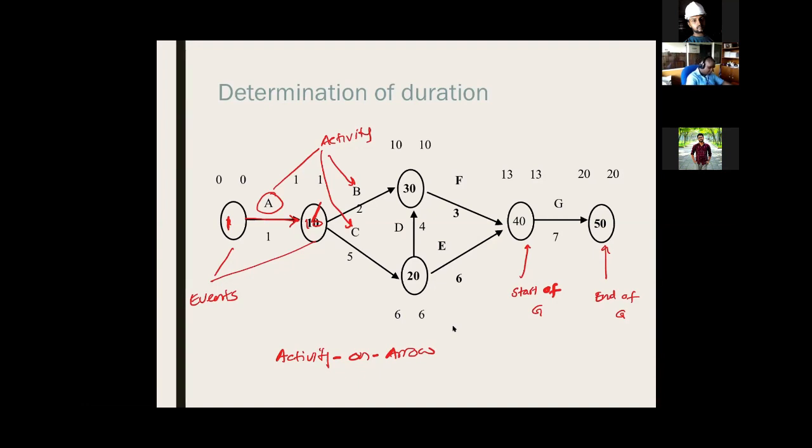Same way, 40 is the finish of activity E and finish of F. So this event here represents the finish of both activity E and activity F. So you have to understand this context.